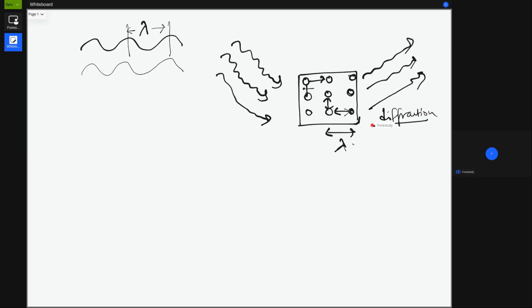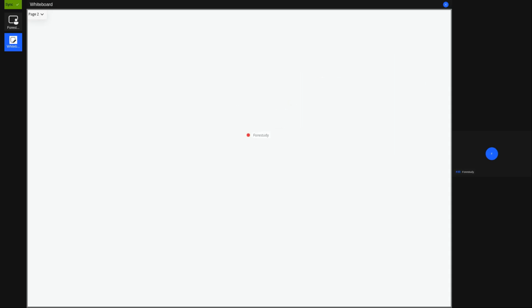So this diffraction is directly proportional to the distance between the atoms. Okay, this is just a simple overview of how this X-ray works. Now on the next page I'll draw what is interference.